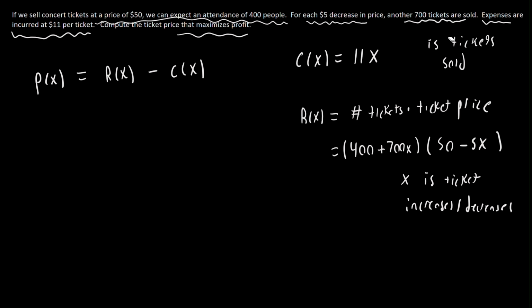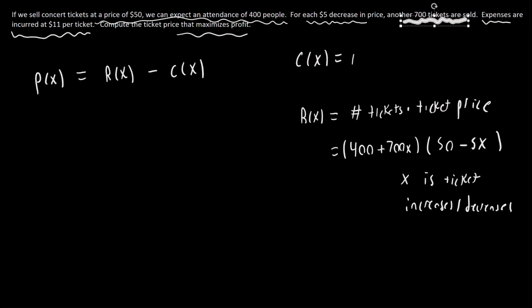So we're actually going to redo this cost function. It'll make it a bit easier. So the cost will be $11 times the number of tickets sold. And from our revenue function, it's just 400 plus 700x. Now the x's in both functions mean the same thing, so we could group and expand.